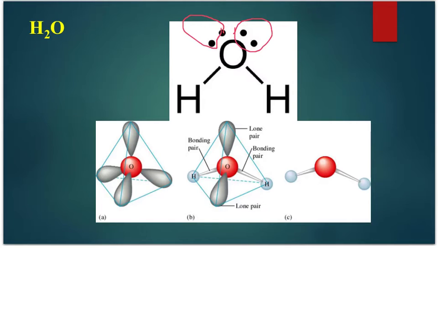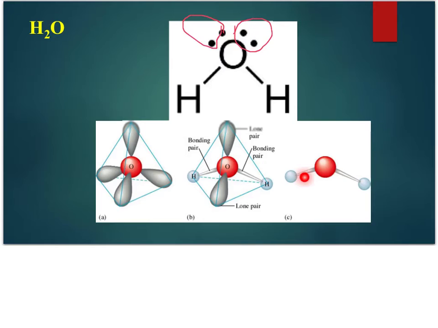So if we look at just our electronic structure, or electronic geometry, our electronic geometry will be this: 1, 2, 3, 4. We have 4 groups in total, so that makes the electronic structure tetrahedral. Now we have our bonding pairs here, and we have our lone pairs. So that is going to give us a bent shape.